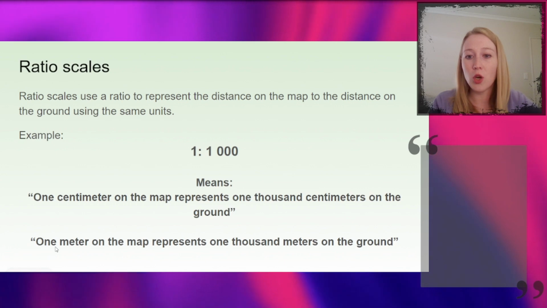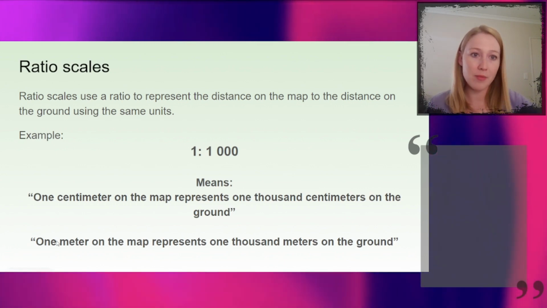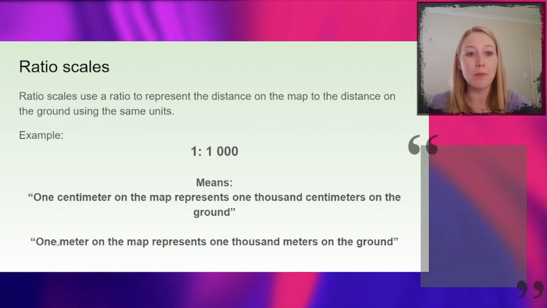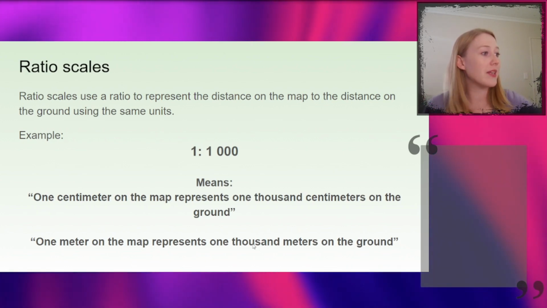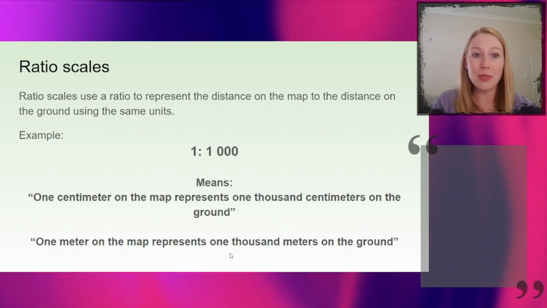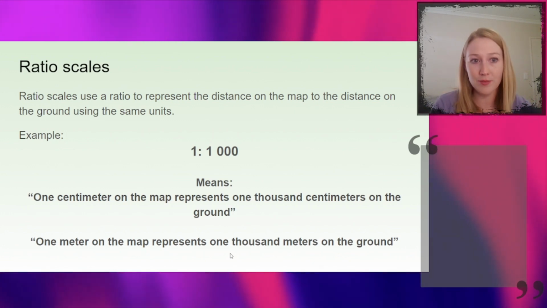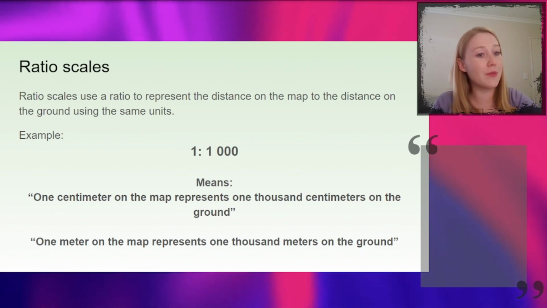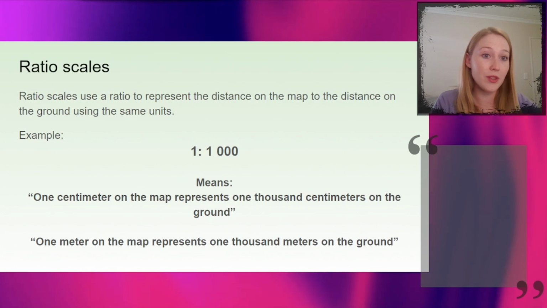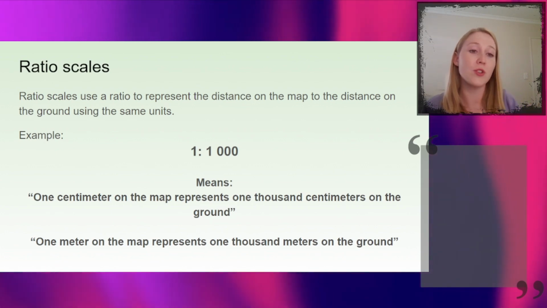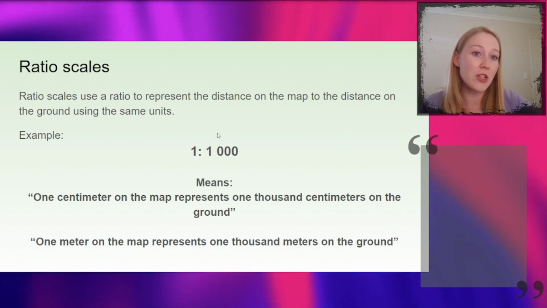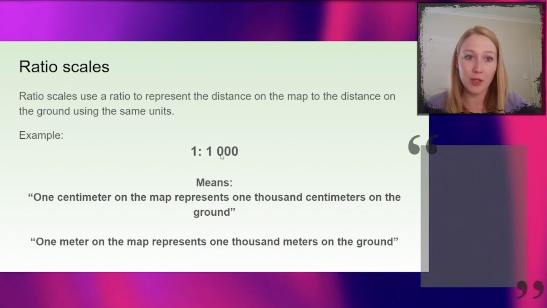If I measured 1 meter on the map, like I somehow have a 1 meter map, it is representing 1,000 meters on the ground. The reason I think this can be very simple to work with is that all you have to do is multiply whatever you've measured by this number.